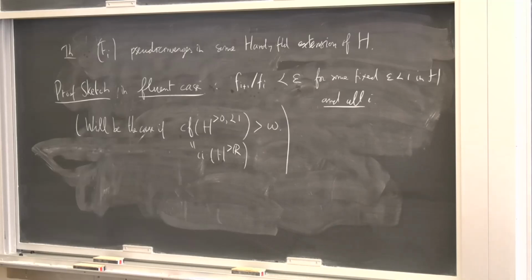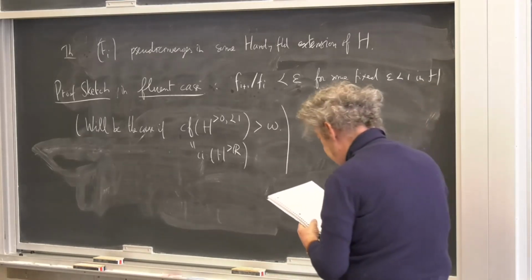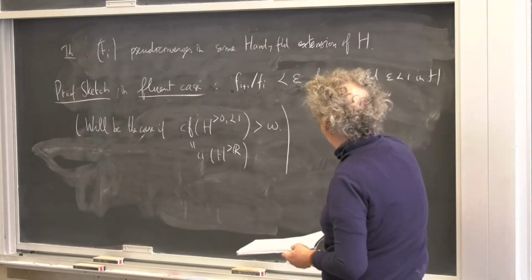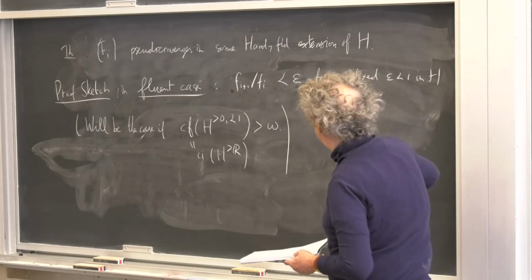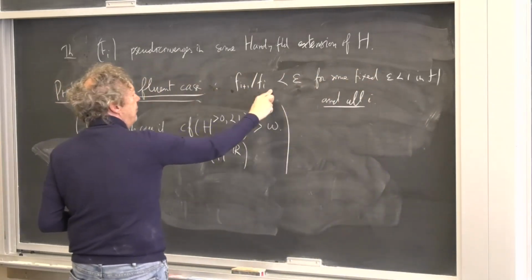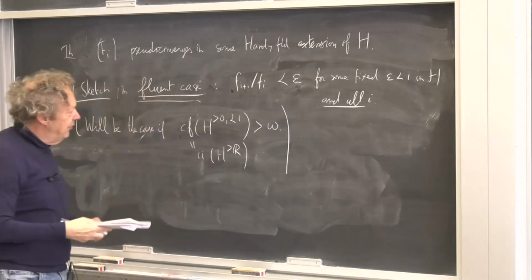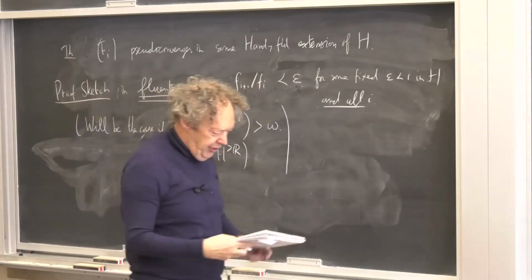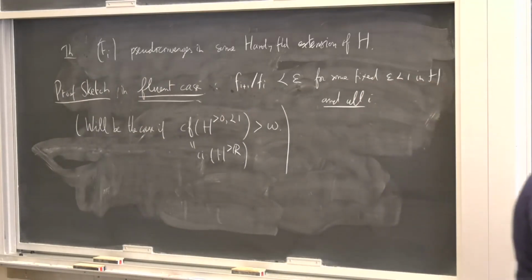Right, so I have 10 minutes left. I can't do too much. So we assume this: we are going to assume that we have a fixed infinitesimal epsilon such that all these quotients are strictly dominated by it.